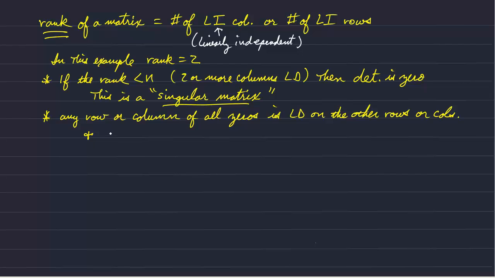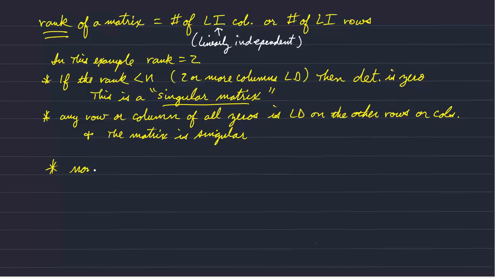And this is also any matrix with all zeros in the rows or columns is also singular. And we've defined a singular matrix.